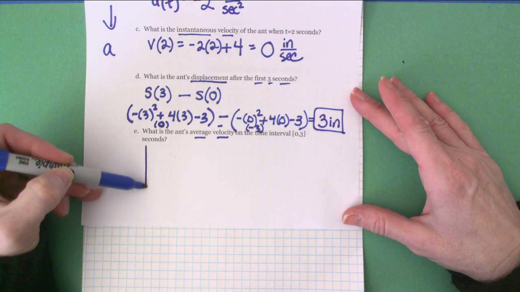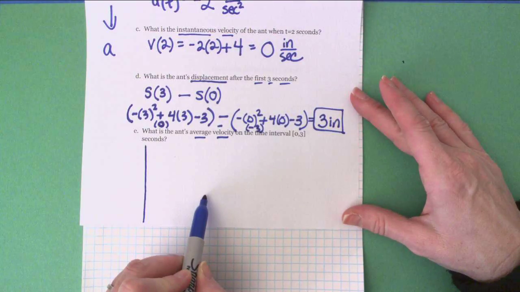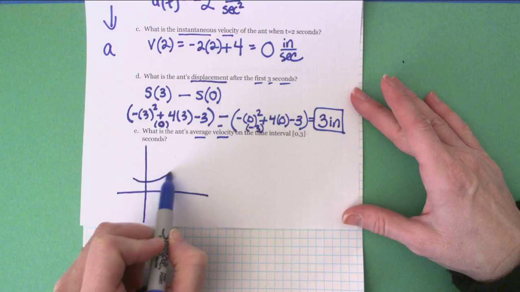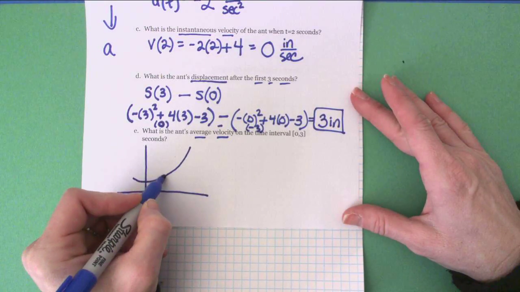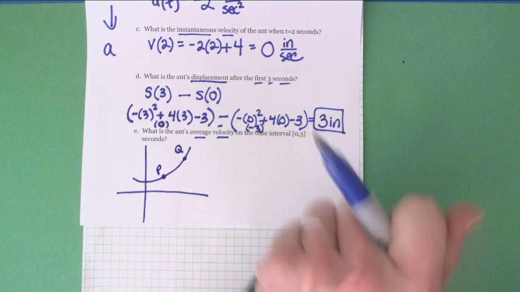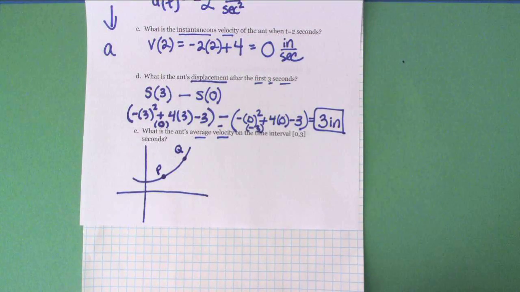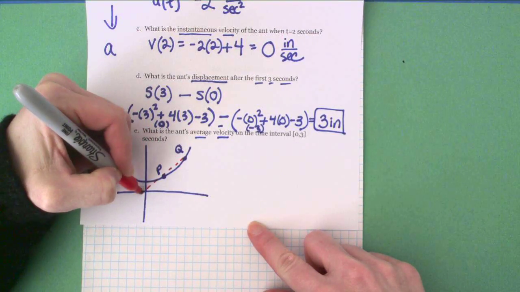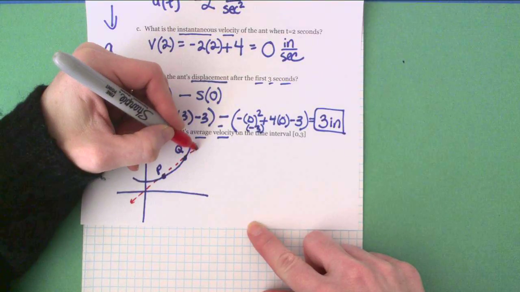If you think back to when we first started this chapter on derivatives, we drew the PQ graph, and it looked like this. We started by drawing a secant line through P and Q. And we found the slope of that secant line.